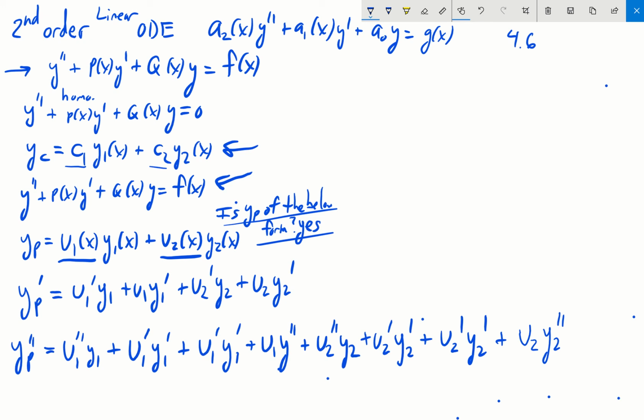Let's now go ahead and plug it into our differential equation. So the differential equation, it's y double prime, which I just wrote out.